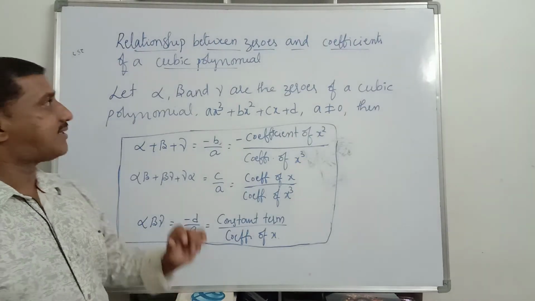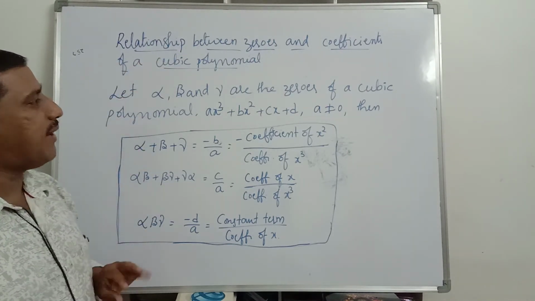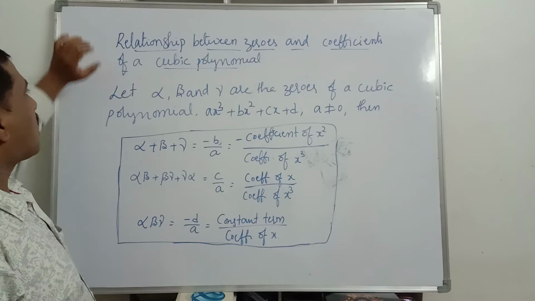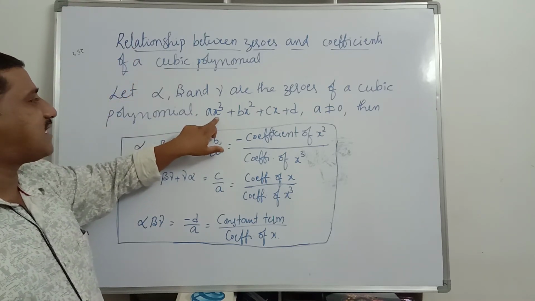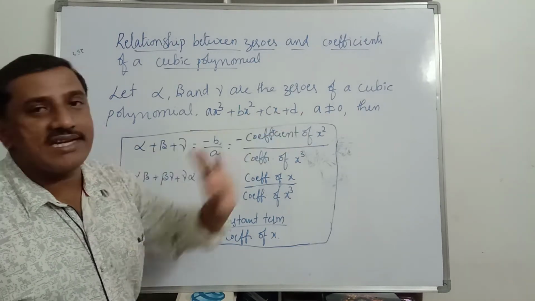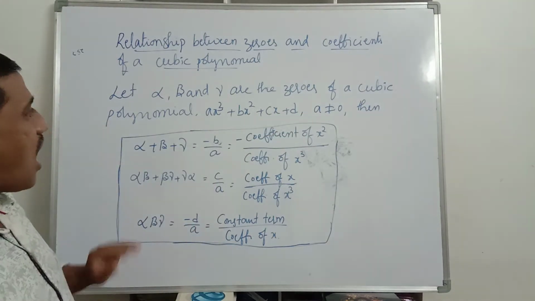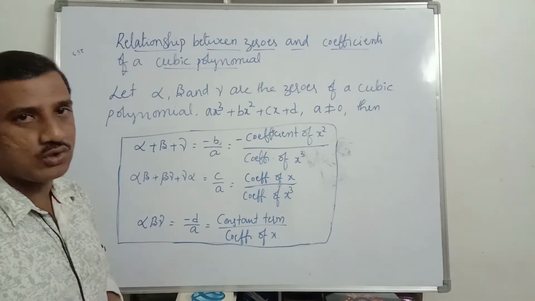Now we will discuss the relationship between zeros and coefficients of a cubic polynomial. The general form of a cubic polynomial is ax cube plus bx square plus cx plus d, where a is not equal to 0. How many zeros are there for a cubic polynomial? At most 3 zeros will be there.